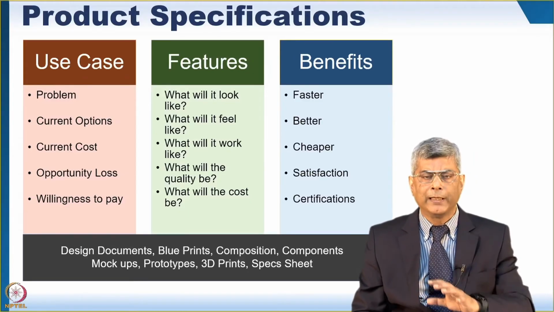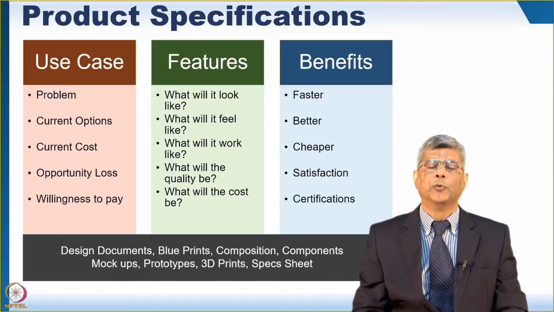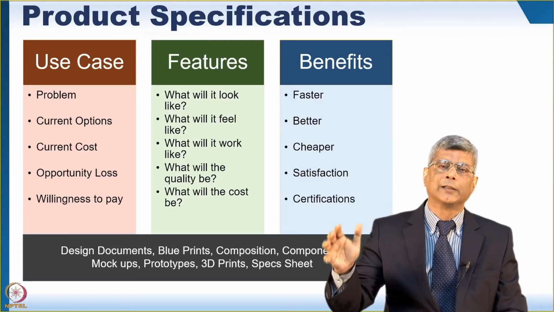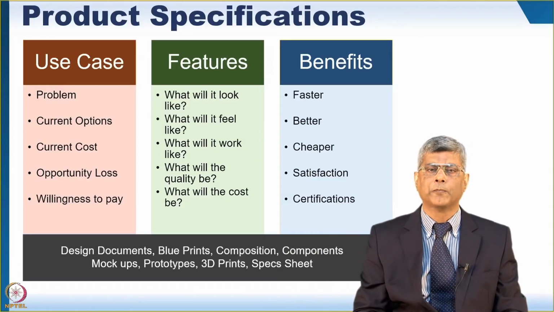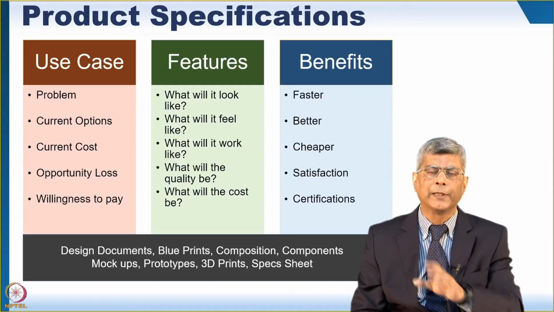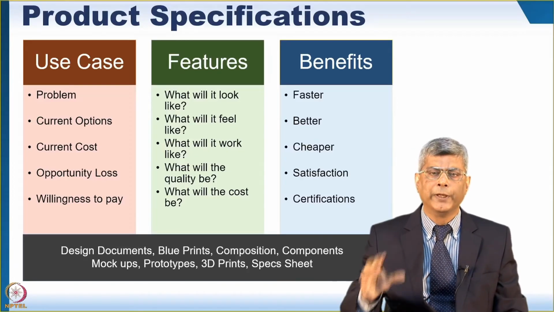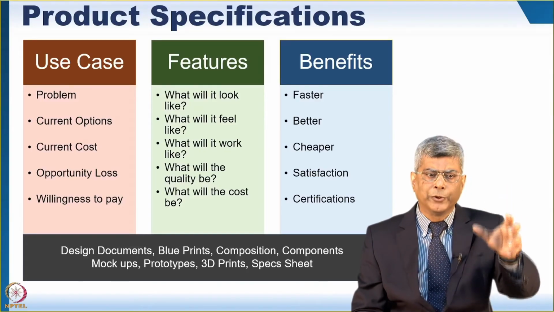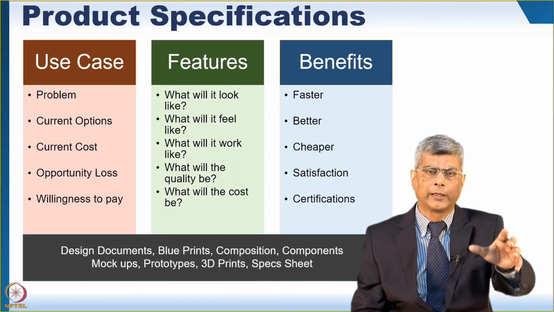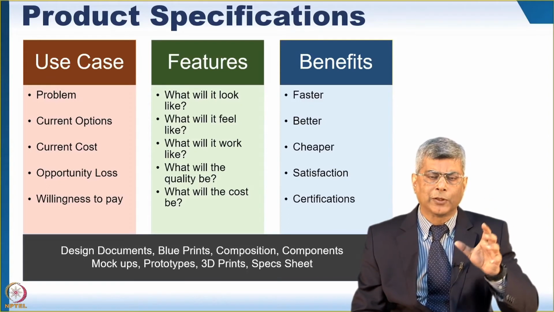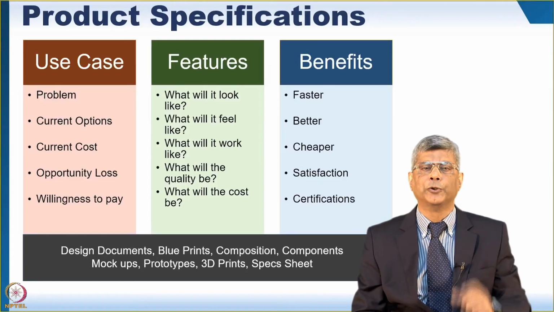And therefore, the company in the product specs will probably have to write down and say, okay, these are the cars that the customers are already using, but here's what our car, our company car, will be unique about and will be better, etc. So you have to define the use case. And you can see what are the options and the specs that you have to include under the use case.